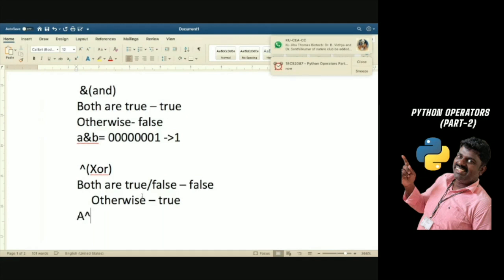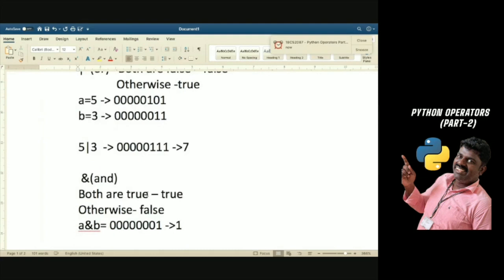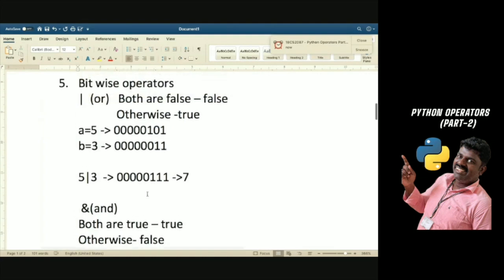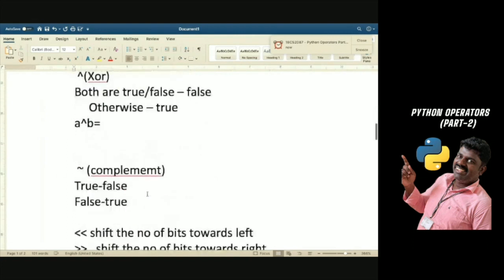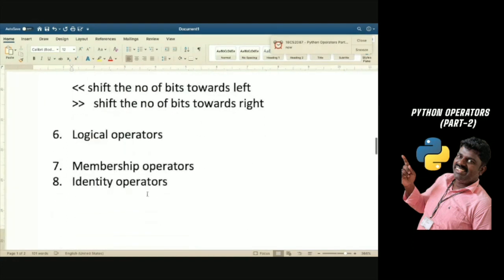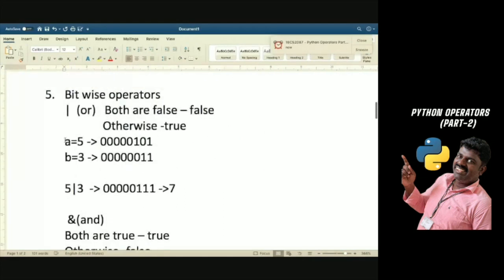So A cap B, right? So here both are true or false. If both are true, for example as given here, both are true, so automatically it will become false.